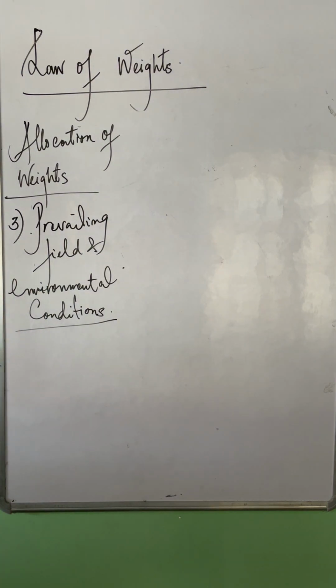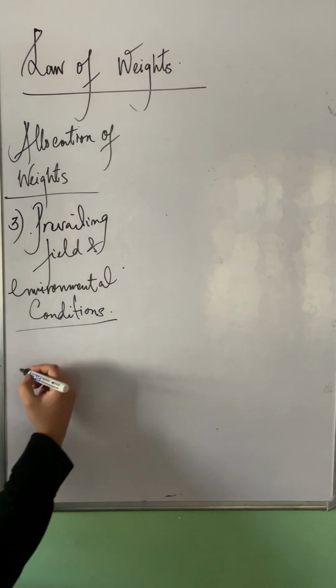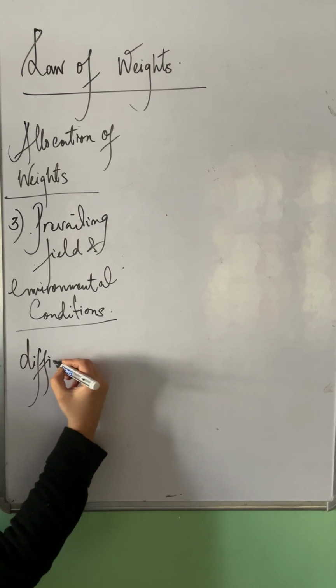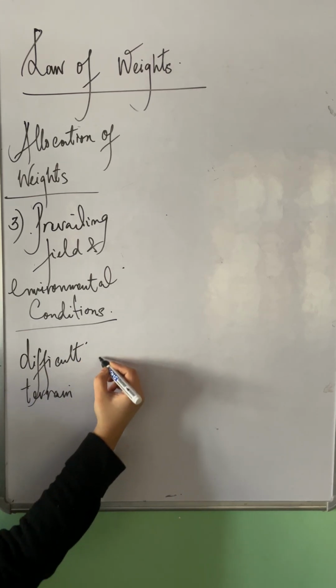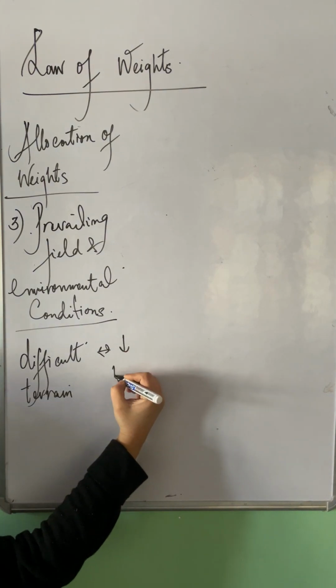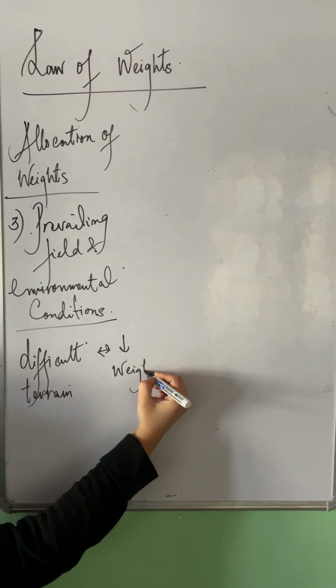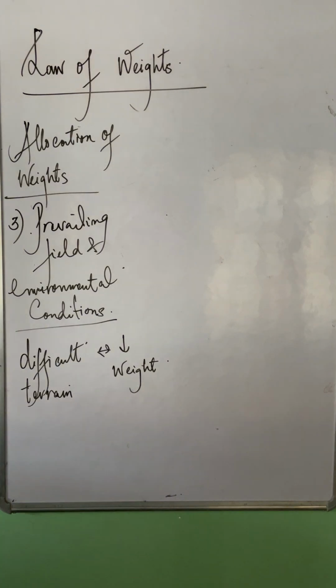For example, the lower weight is generally allocated to the observations made in difficult terrain. The observations which are done in difficult terrain are given less weight, compared to the observations which are made on a level terrain under stable conditions, which are given higher weight.